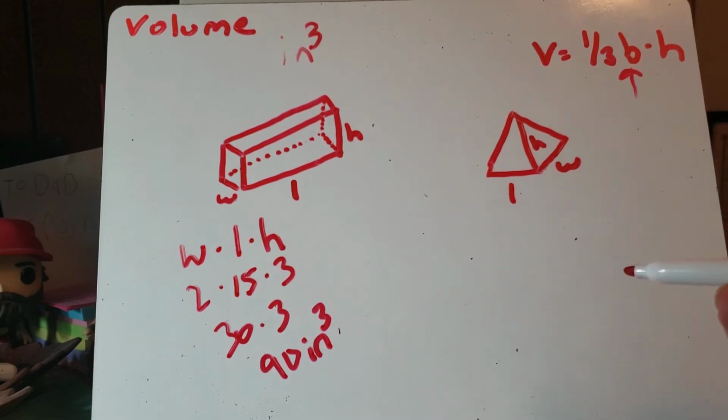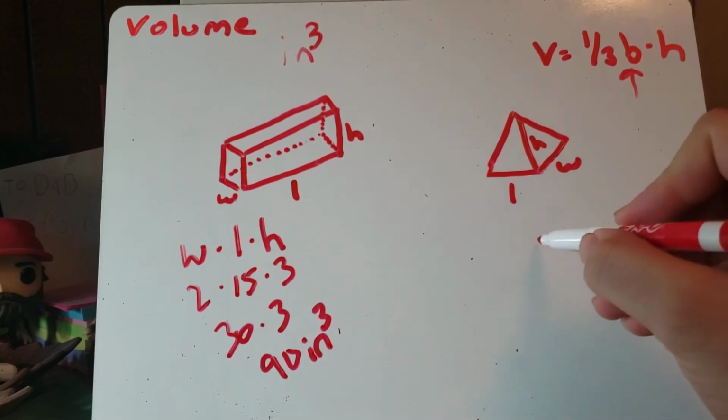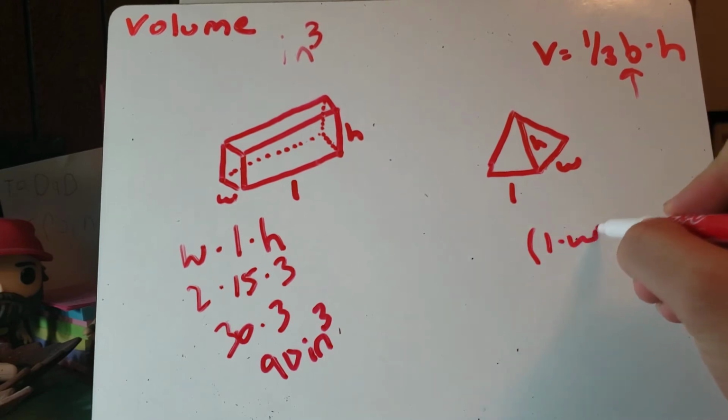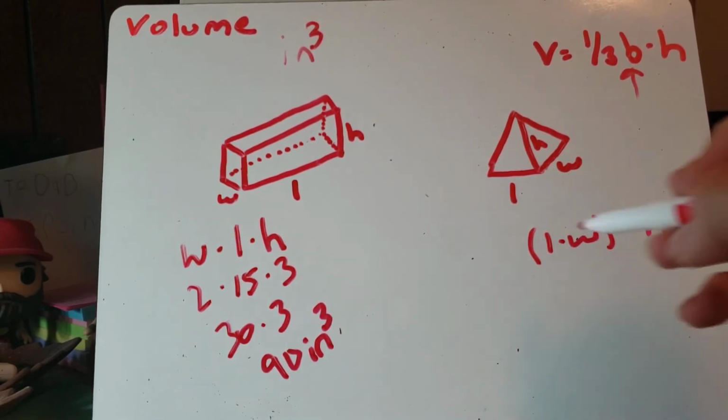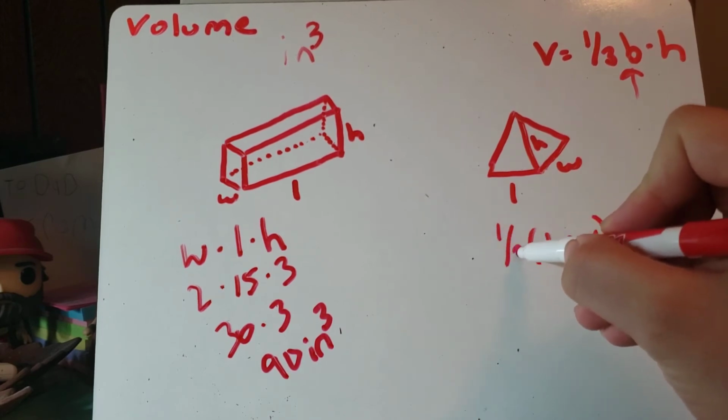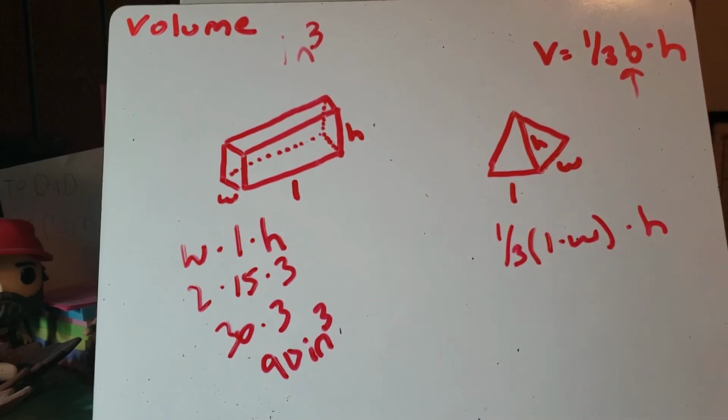I have it written as a B. So the area of the base is length times width. We need to know the height of the pyramid, and then we have to multiply all of that by 1/3. Now, the same thing applies to a cone. If a cone has a circular base, you would just use the area of a circle as your area for the base, and then you multiply by height and 1/3 as well. It's the same thing.